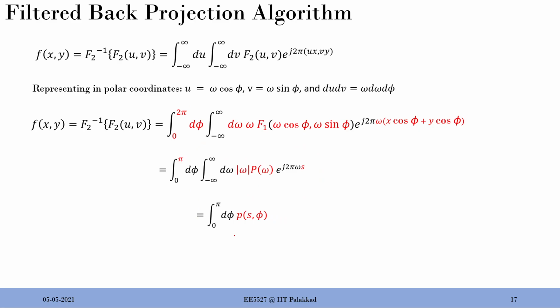I think this is pretty straightforward if you understand that concept intuitively. Let me try to explain it. F of xy is the original image, and it is nothing but, if I take different slices of the projection matrix, that means phi is varying, in this case from 0 to pi.